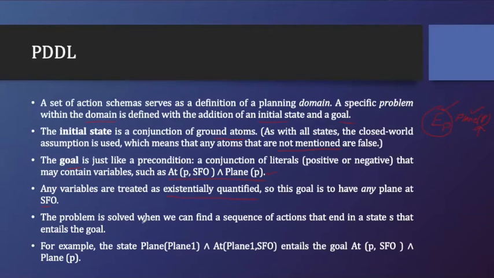The problem is solved when we can find a sequence of actions that ends in a state that entails the goal. So what it is saying is that the problem is solved when we have a set of actions, let's say action 1, action 2, action 3. So this is my set of actions.